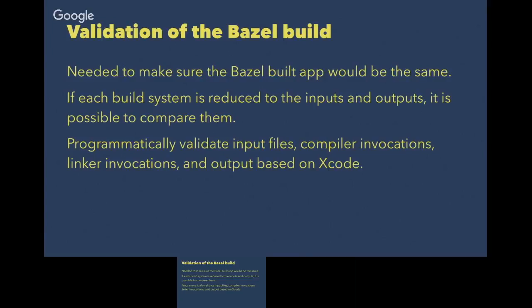It was pretty simple to achieve this. If you look at a build system as a set of inputs and outputs, you can reduce any build system to those basic fundamentals. We used Xcode before, and based on a lot of private frameworks, we were able to expose all the inputs and outputs of Xcode. And in Bazel, we use the extra action API.